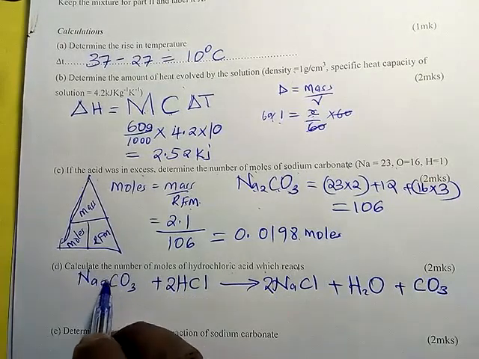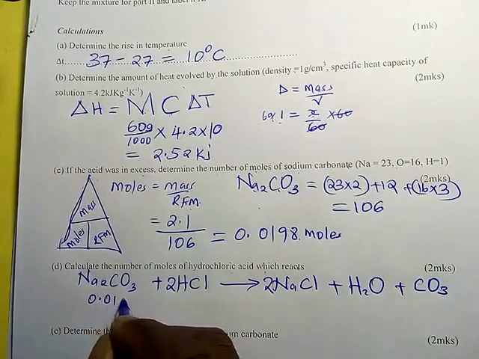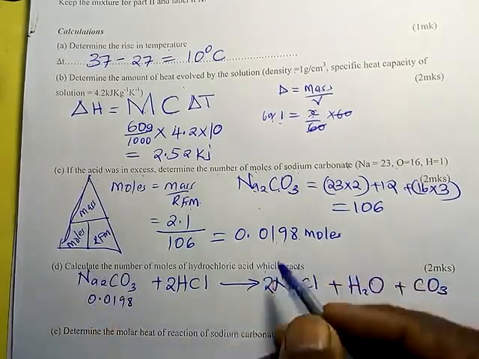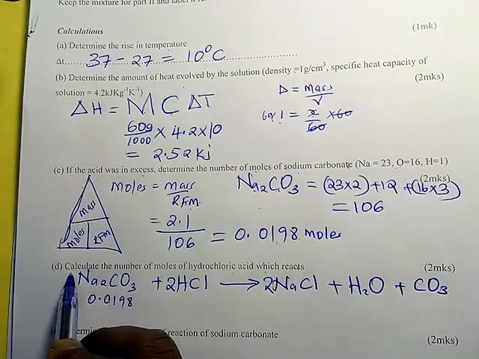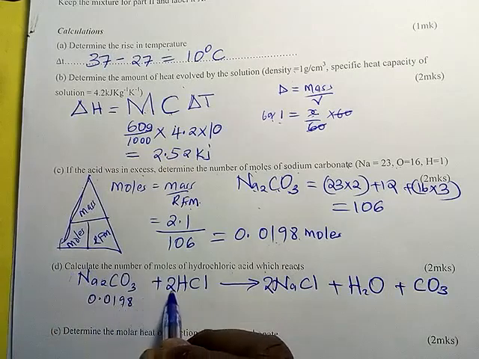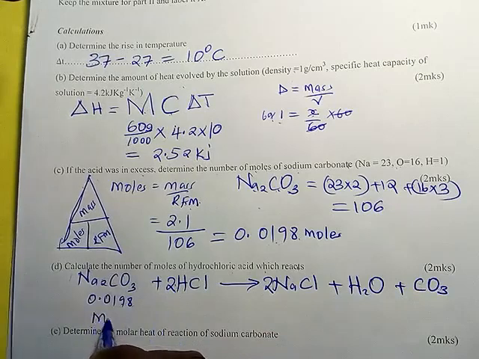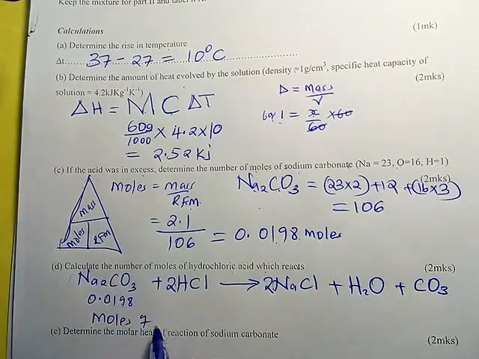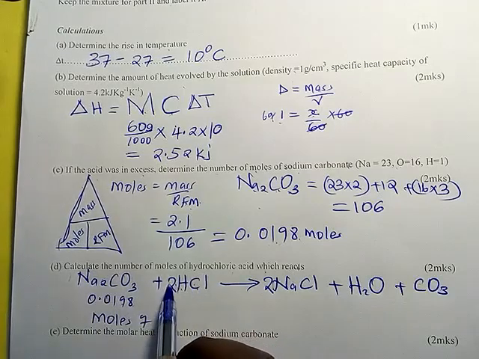But we have the number of moles of sodium carbonate, which is 0.0198 from the previous question. So what will be the number? You can see the ratio is 1 to 2. It means that the number of moles of HCl is going to be twice because the ratio is 2.